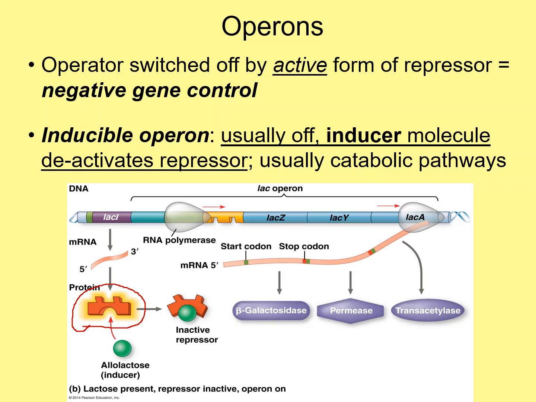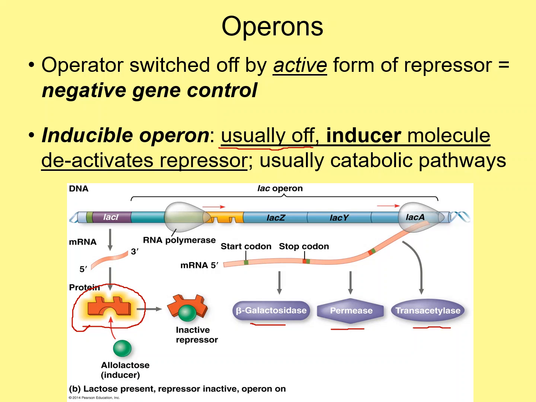So we're coding for all of the enzymes, which you don't need to know for lecture, but you may need to know it for lab. I'm not 100% sure. All of the enzymes involved in breaking down lactose, right? And you don't want to make the enzymes to break down lactose unless you actually have lactose. So this kind of explains why our inducible operons are usually turned off.